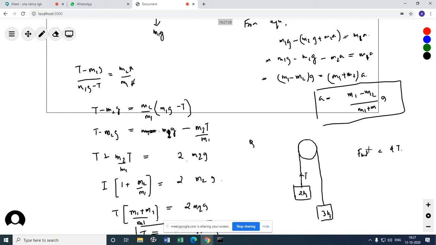Acceleration is approximately minus 2 meter per second square. And what about tension?